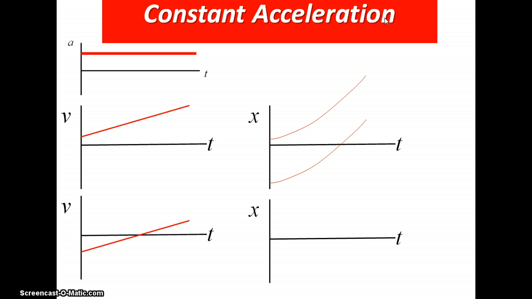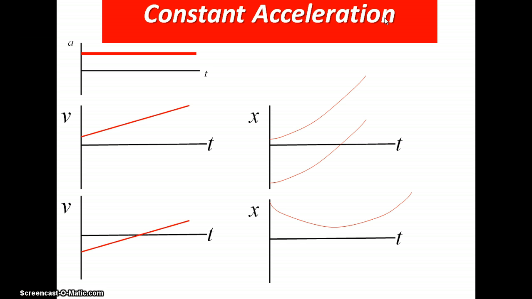Well, this means that the slope of the position graph must start off negative, get increasingly close to zero, and then increase in the positive direction. Something like that. Starts off negative, increases closer to zero, and then increases positive.